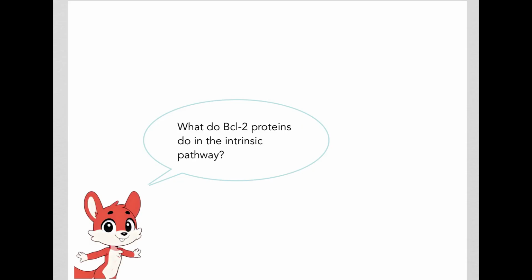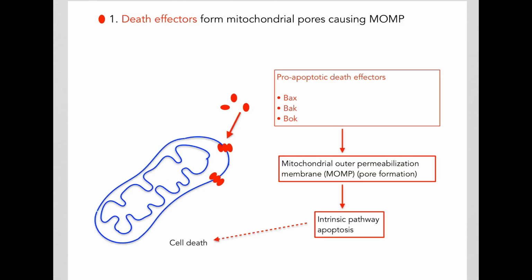So what do these BCL proteins do in the intrinsic pathway? The death effectors actually form pores in the outer mitochondrial membrane. So the outer mitochondrial membrane is here. This is the inner membrane. So these proteins actually assemble together to form pores.